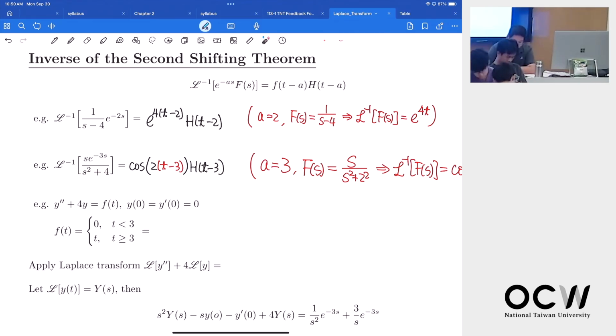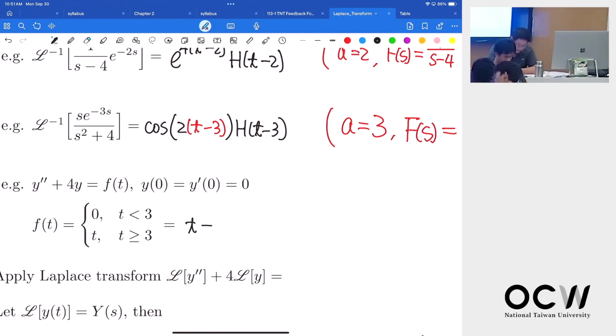Yes, you have a microphone. T times the Heaviside function of t minus 3. Okay. So here I can rewrite the forcing function as t times h(t minus 3) because I only have value once t is greater than or equal to 3.